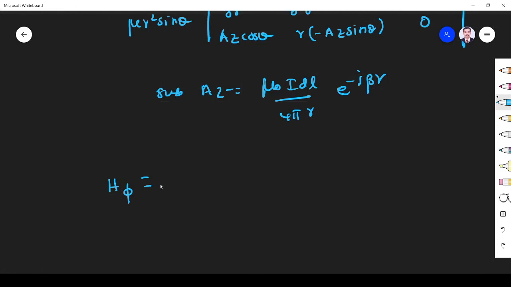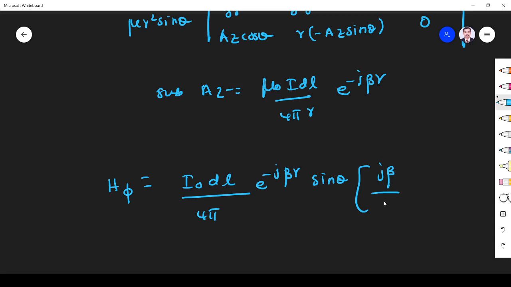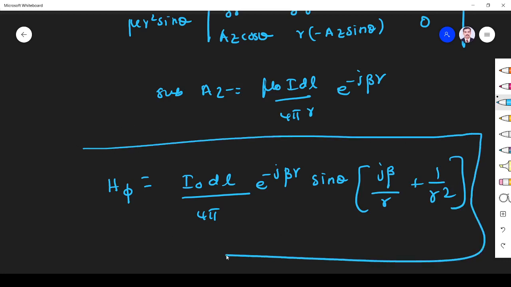After simplification, it is I naught dl divided by 4 pi e power minus j beta r into sin theta, j beta divided by r plus 1 by r square, right? So you see, this is the beauty.